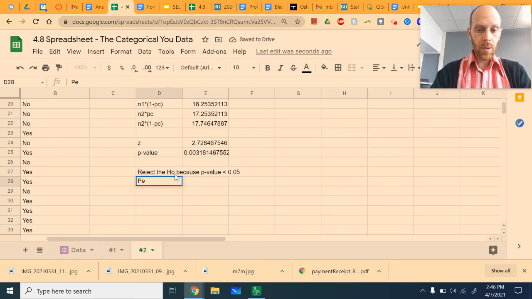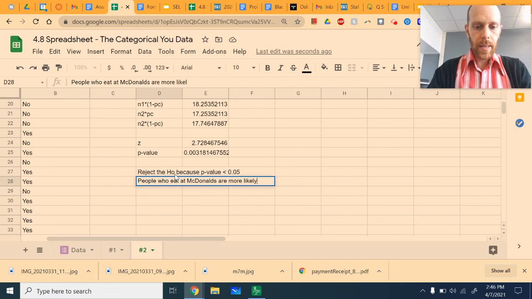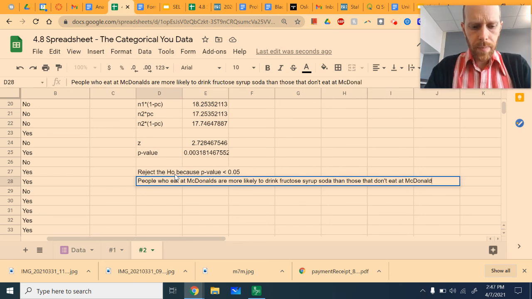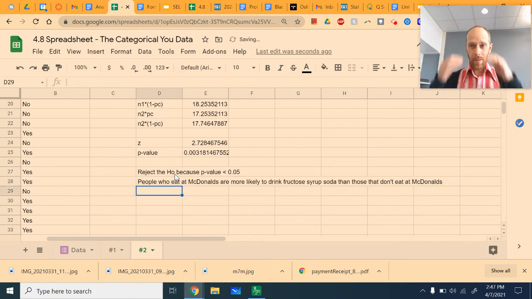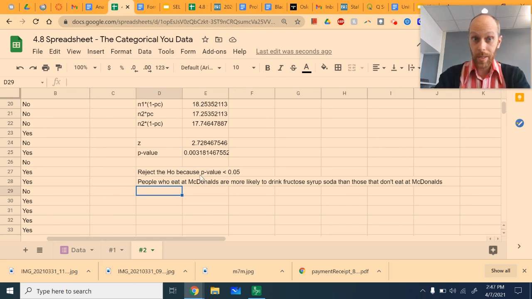Conclusion, people who eat at McDonald's are more likely to drink high fructose corn syrup soda than those that don't eat at McDonald's. And not a huge surprise, right? That if you're willing to put McDonald's into your body, what else you're willing to eat. But still cool to see that the results actually bore that out.